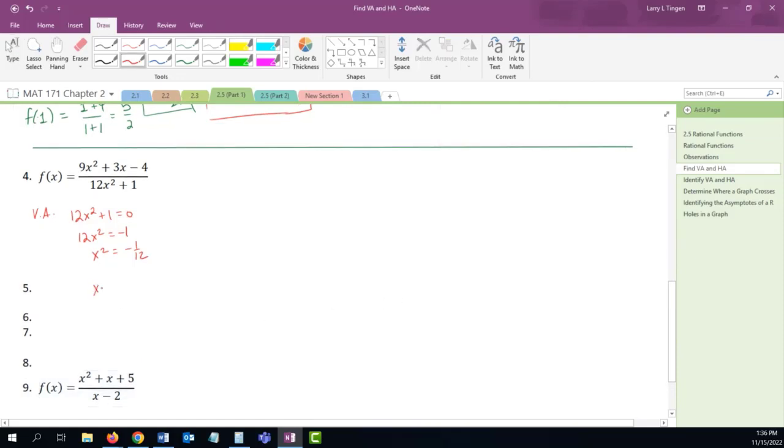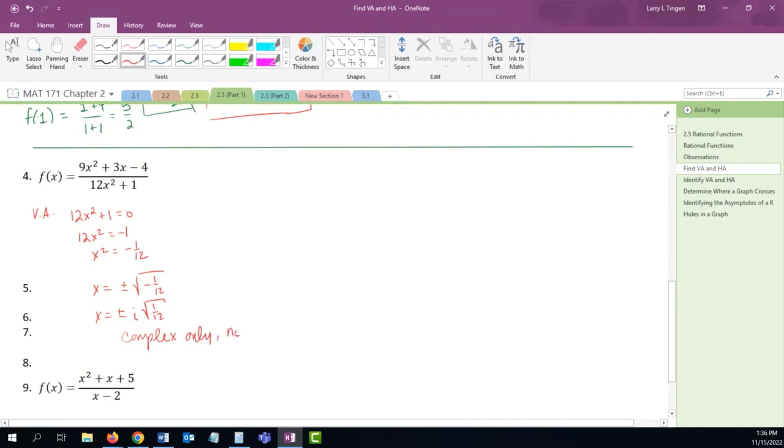Take square root of both sides. X is equal to positive and negative square root of -1/12, which is i over square root 12. I'm not going to make you go any farther than that because it's not necessary. These are complex roots.